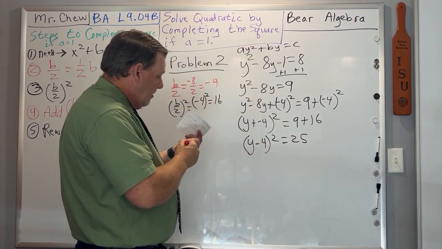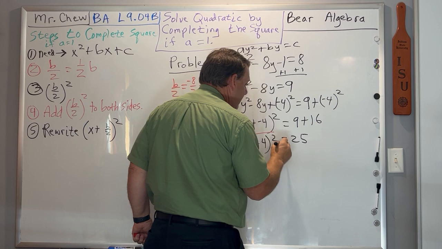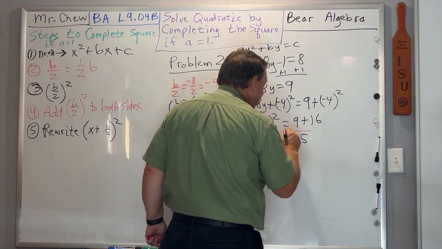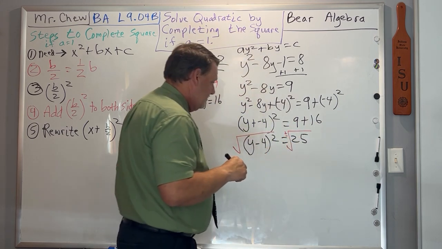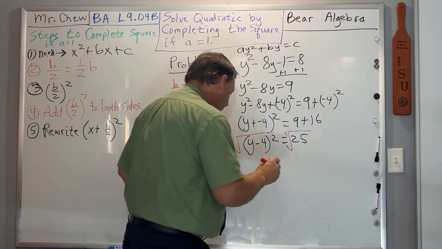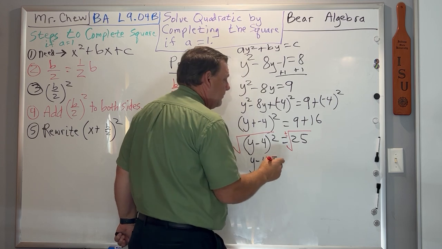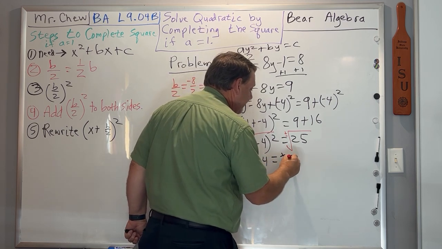Remember what we did here? We took the square root of this side, the square root of this side, and it's a plus and minus. So my solution is y minus 4 equals plus or minus 5.